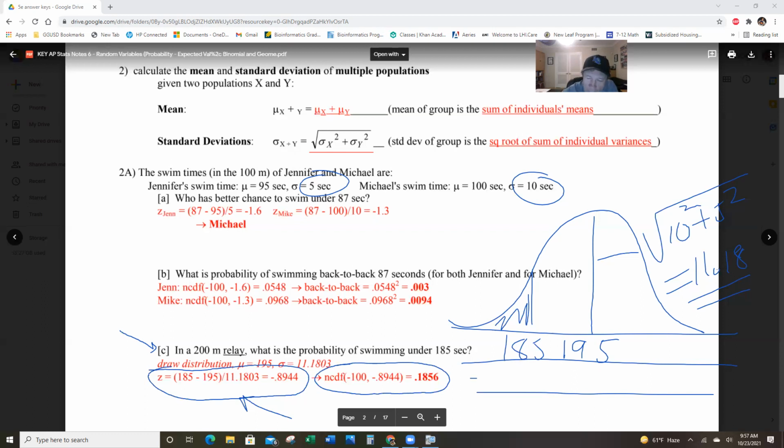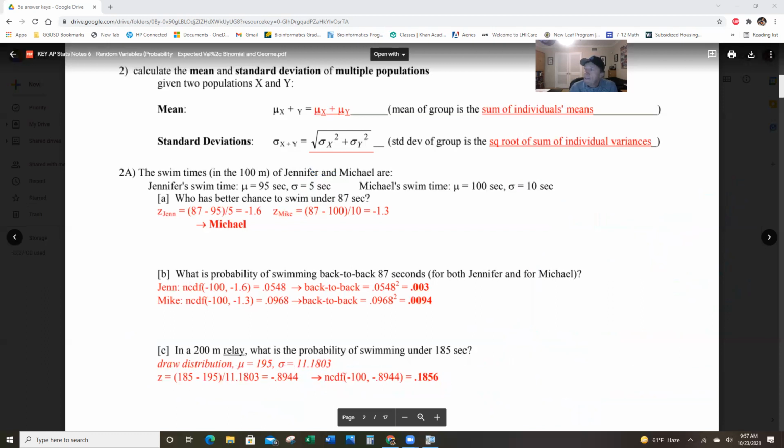So it's negative 0.89, and you get about 0.1856. So there's about an 18% chance of those two combined swimming under 185 seconds. When you combine continuous random variables, you can add or subtract their means, but when you combine the deviations, you use the Pythagorean theorem. It's really quite simple.